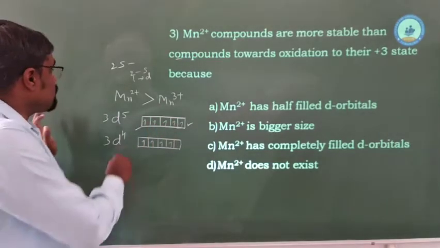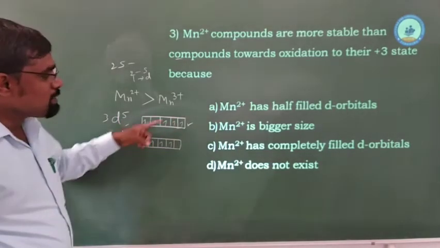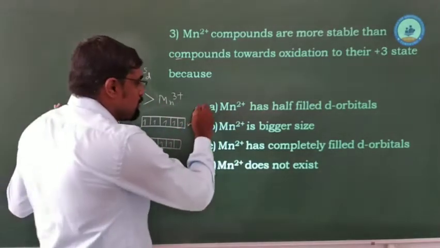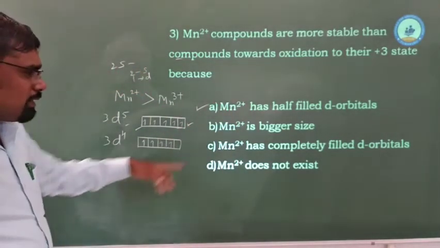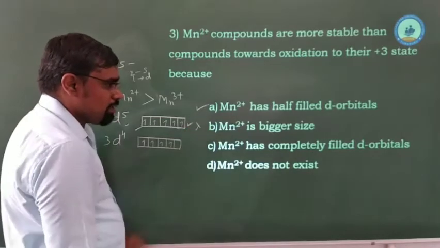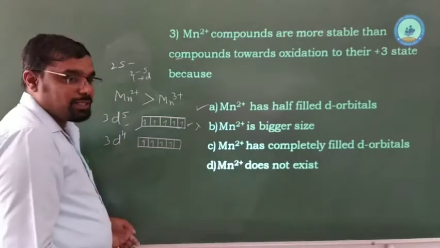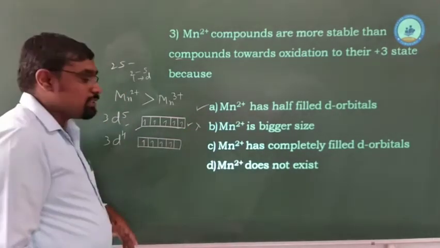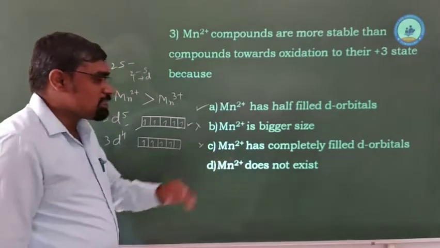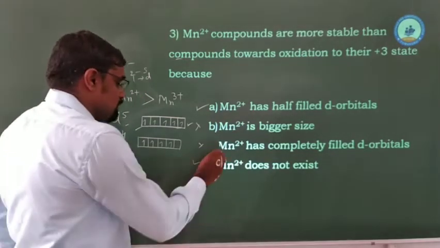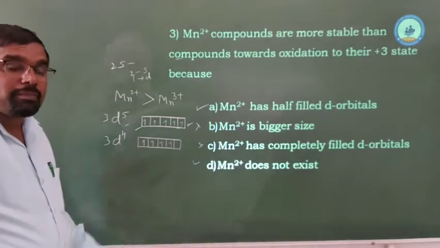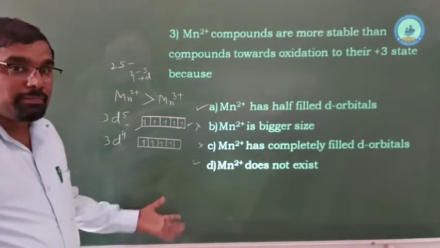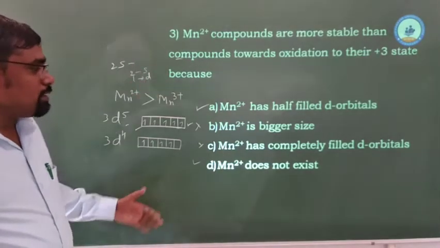So Mn2+ is half-filled and stable. Leave aside the bigger size, it's not that. Completely filled, no, there are not 10 electrons present. Mn2+ does not exist? It does exist; you know Mn2+ exists in many molecules.